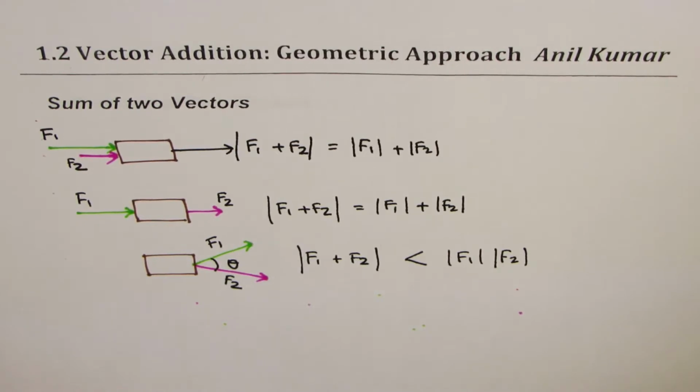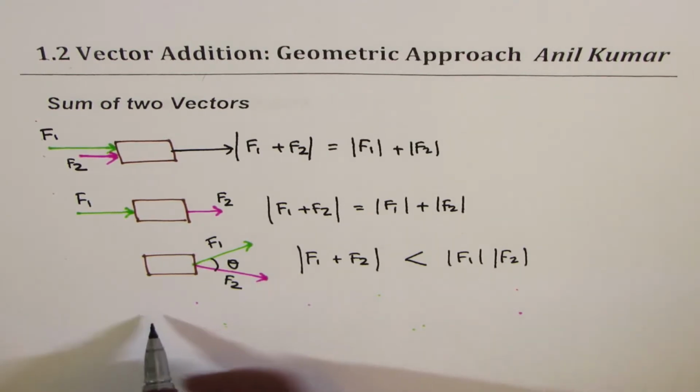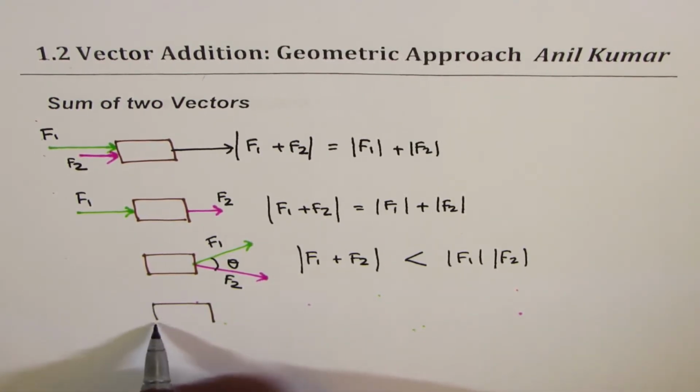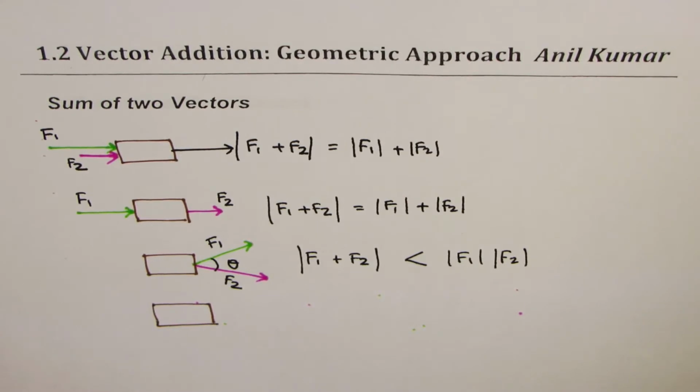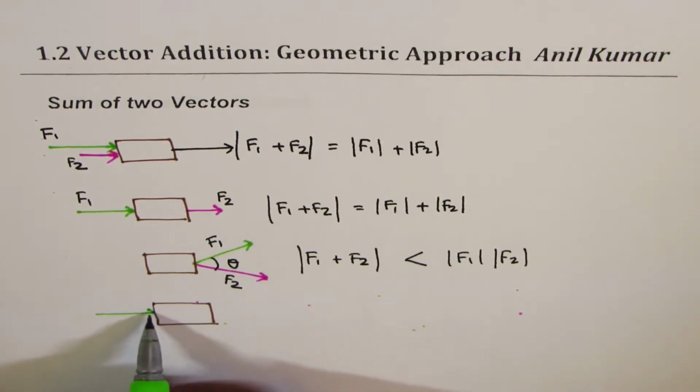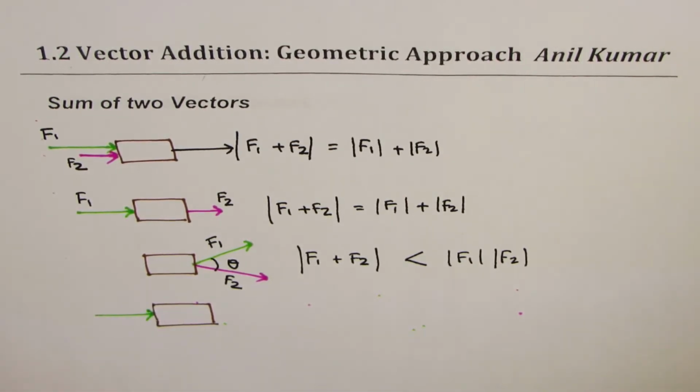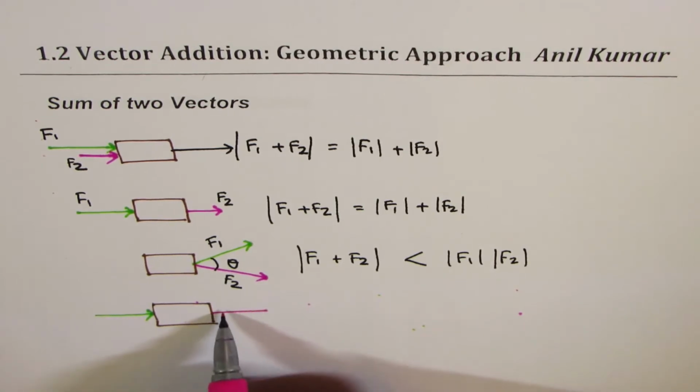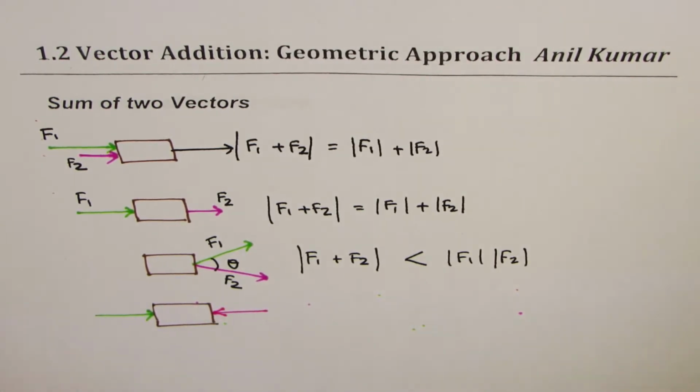Now, you can actually get a net result of 0 also if you have a case here where the forces are being applied in this fashion, that some force is applied and equal amount of force is applied in the other direction.